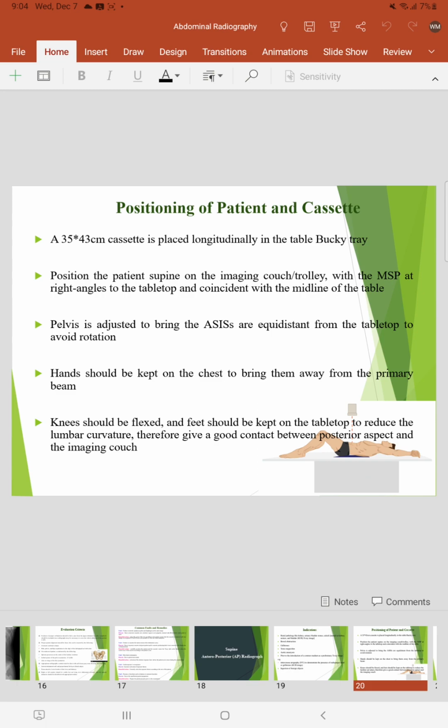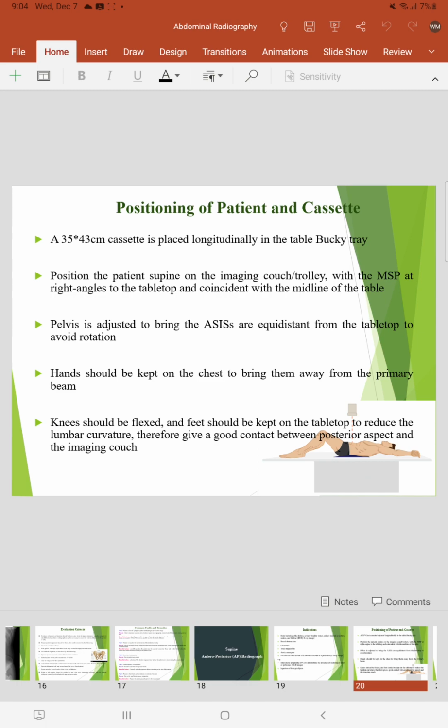Pelvis is adjusted to bring the ASISs equidistant from the tabletop to avoid rotation. Hands should be kept on the chest to bring them away from the primary beam. Knees should be flexed and feet kept on the tabletop to reduce the lumbar curvature.